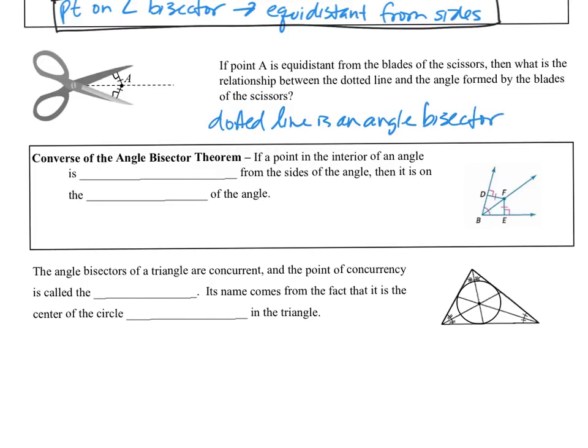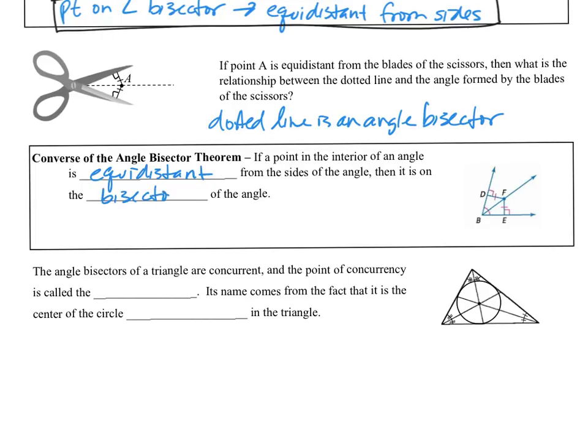All right, so that illustrates what this next theorem says. It's the converse of the angle bisector theorem, which says if a point in the interior of an angle is equidistant from the sides of an angle, then the point is on the bisector of the angle.